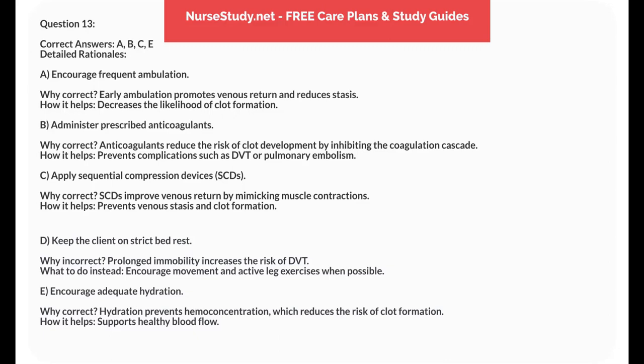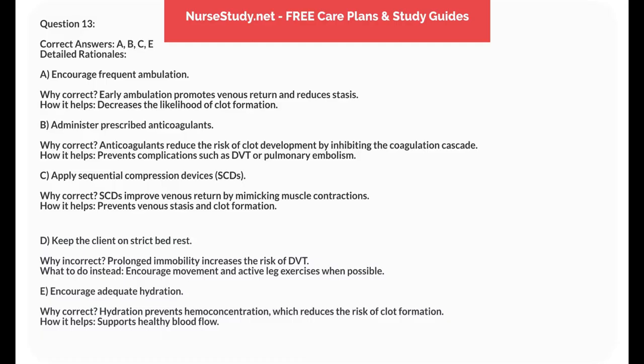Detailed rationales. A. Encourage frequent ambulation. Why correct? Early ambulation promotes venous return and reduces stasis. How it helps: decreases the likelihood of clot formation. B. Administer prescribed anticoagulants. Why correct? Anticoagulants reduce the risk of clot development by inhibiting the coagulation cascade.